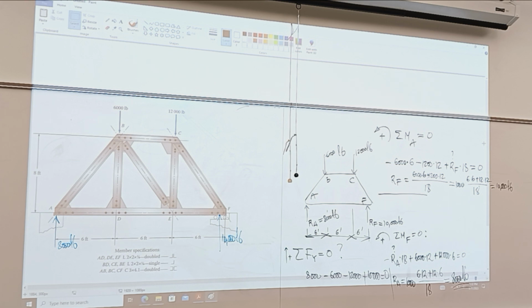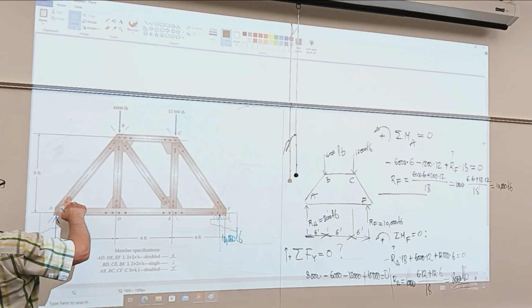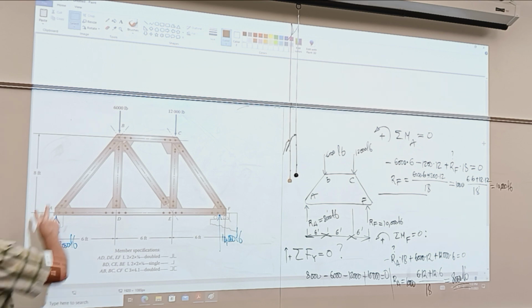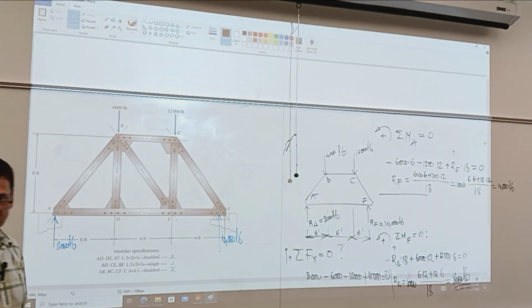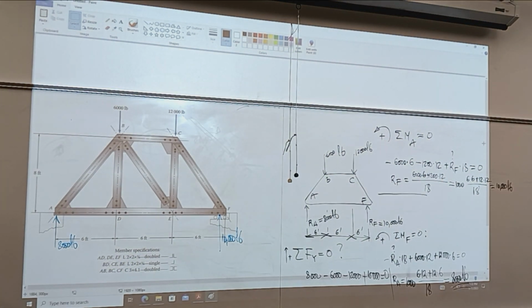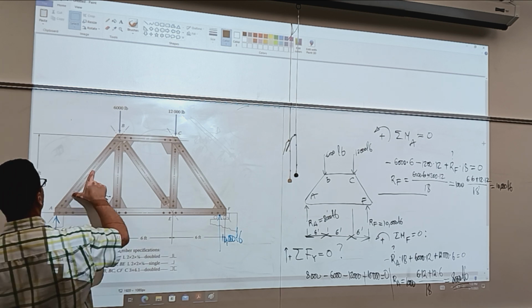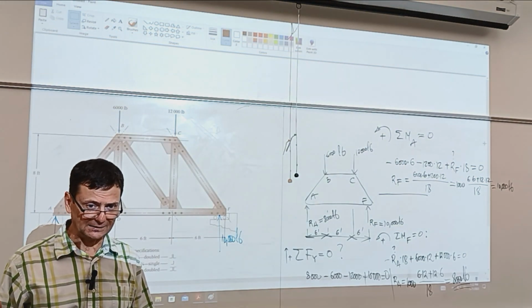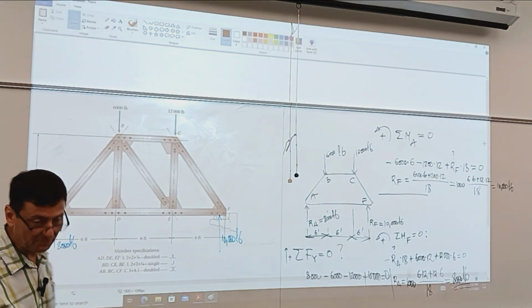With the method of joints, I said we can handle 2 unknowns at a time. So we need to progress with the analysis such that as we move forward, we have only 2 unknowns that we're dealing with. And we are making the assumption that all links are in tension, although some may not be in tension.